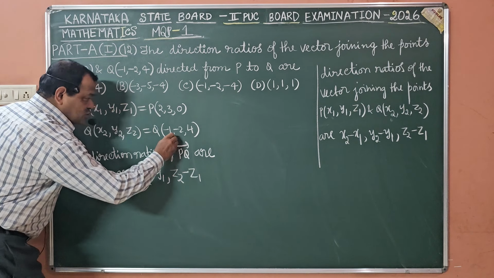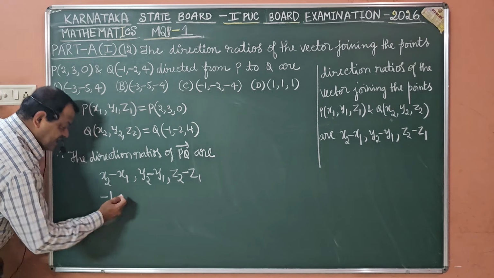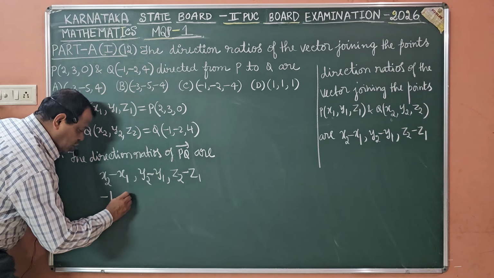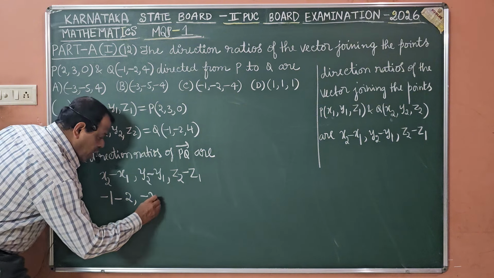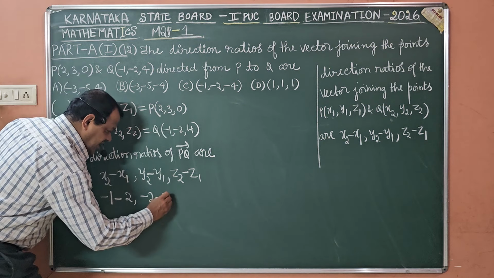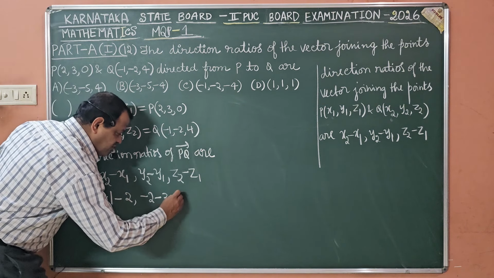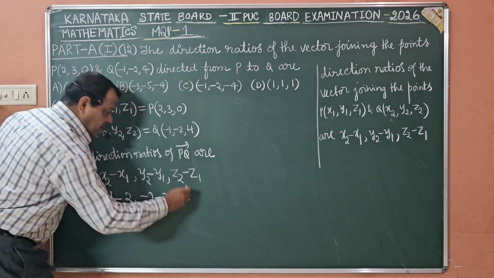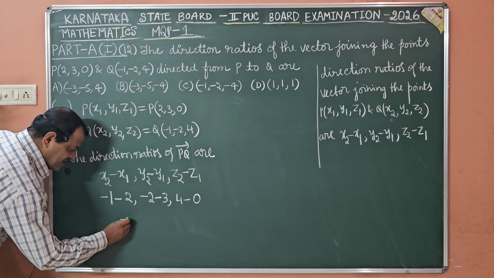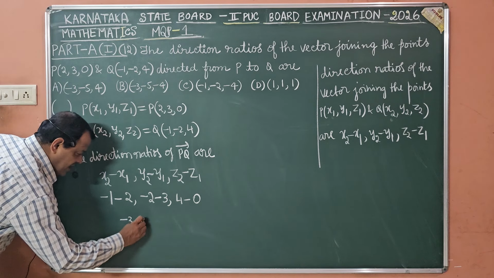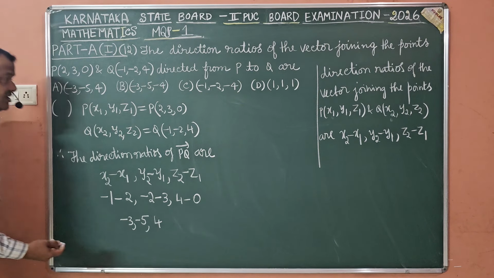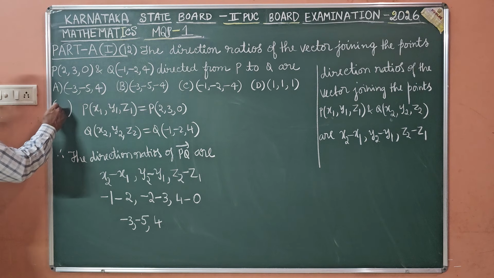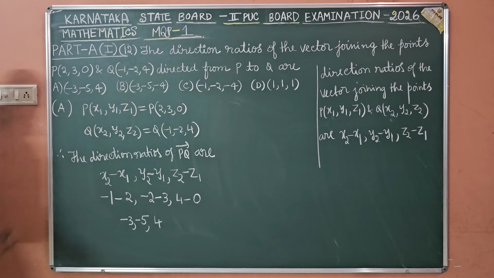Here x2 is minus 1 minus x1 which is 2, comma, y2 is minus 2, comma, y1 is 3, comma, z2 is 4 minus z1 which is 0. Therefore, our answer is minus 3, comma, minus 5, comma, 4. These are direction ratios, which is option A. Kindly go through.